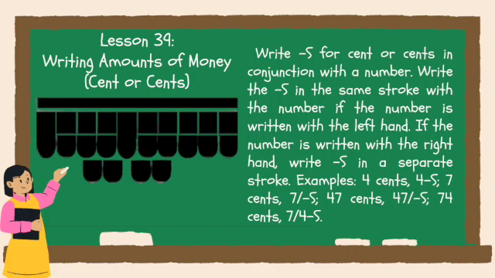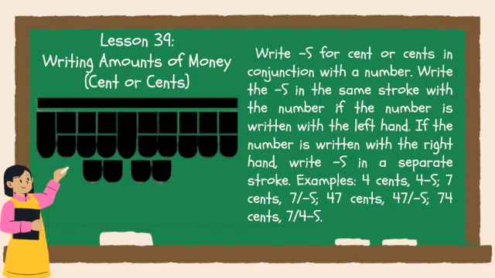Write the final S in the same stroke with the number if the number is written with the left hand. If the number is written with the right hand, write final S in a separate stroke. So same principle or theory as for dollar or dollars. If you write the number using your left hand, then you write final S simultaneously.